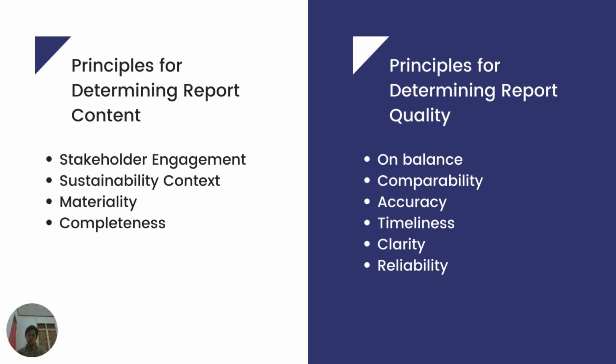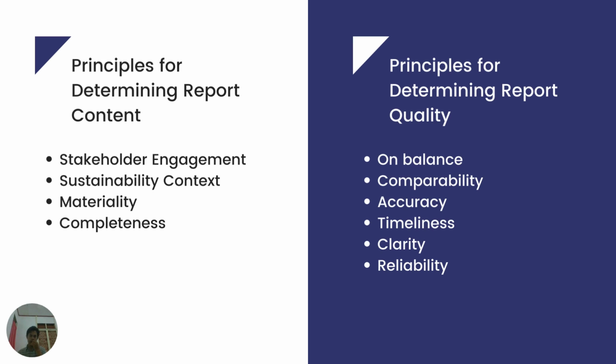And number D is completeness. The report must contain material aspects and boundary coverage sufficient to reflect significant economic, environmental, and social impact, and enable stakeholders to assess the organization's performance in the reporting period.